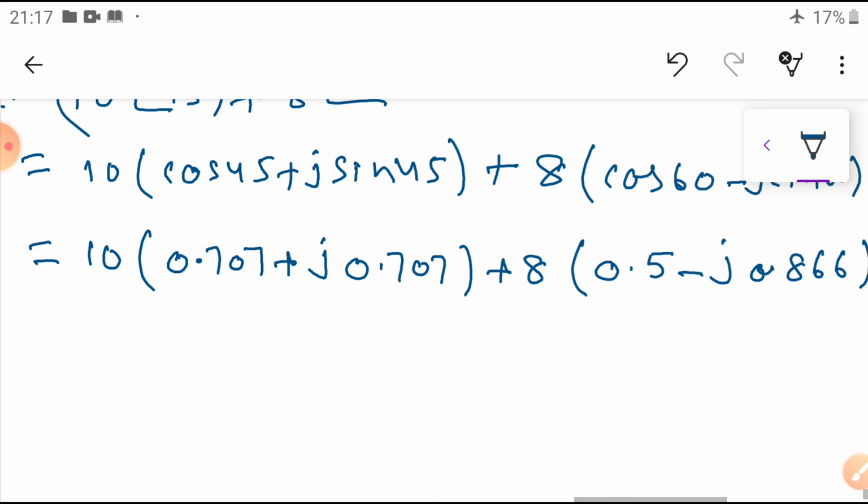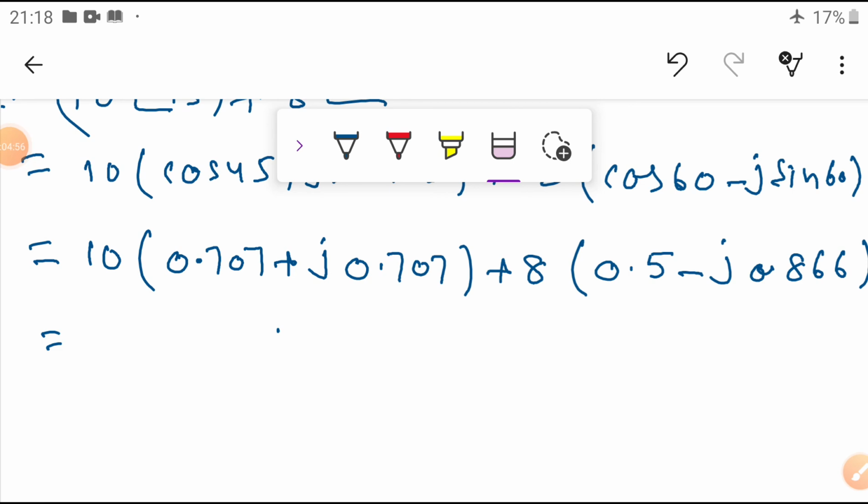Now, whatever the values, you multiply them. So how are we going to get it? 10 into 0.707 plus j into 10 into 0.707.